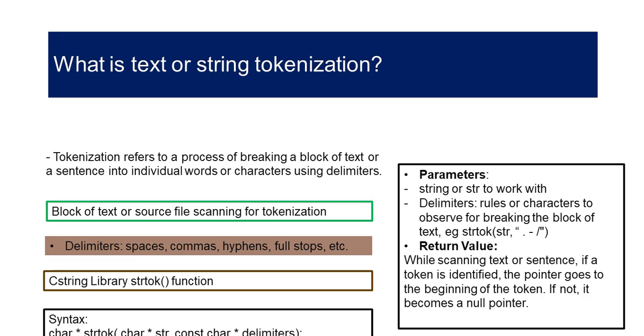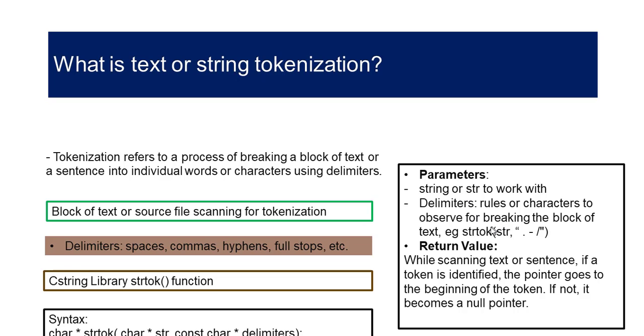The function strtok takes a char string and it takes some delimiters. Here are some parameters that we can use in the process. The main parameters are str, which is the string to work with, and the delimiters, that is, the rules or characters to observe for breaking the block of text.